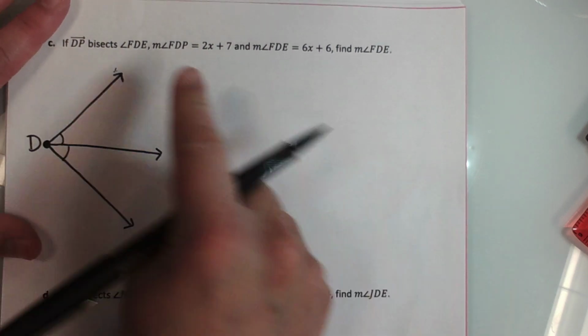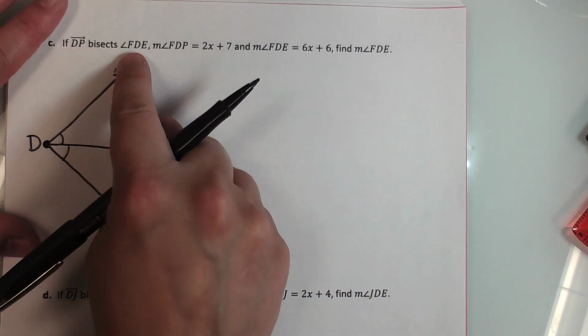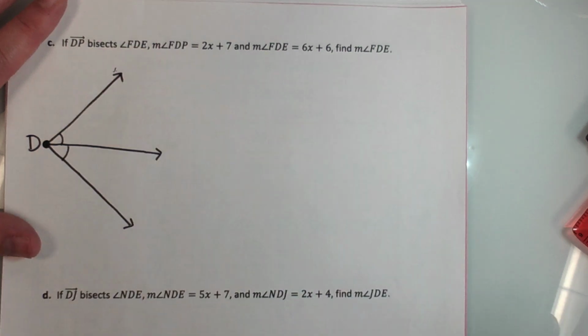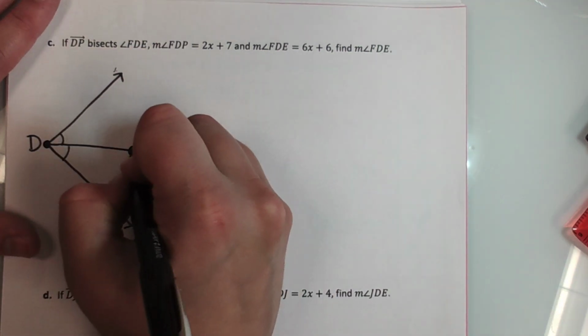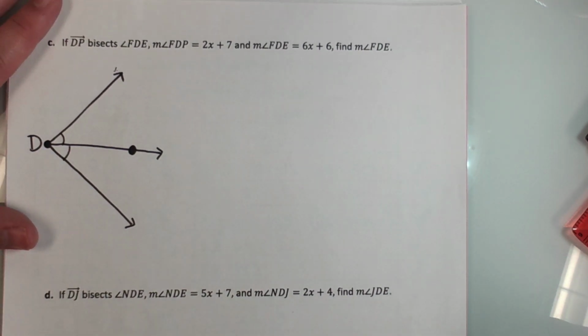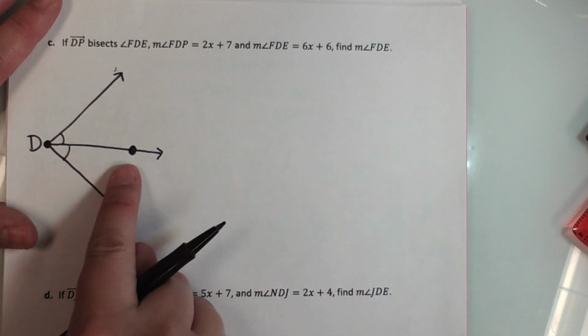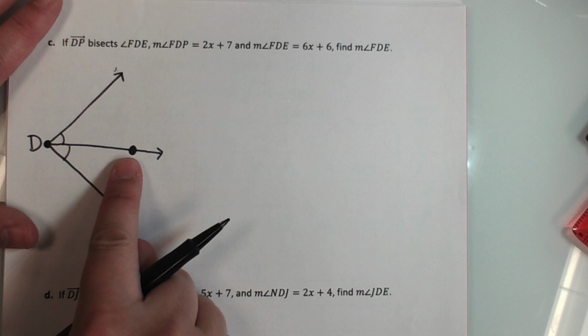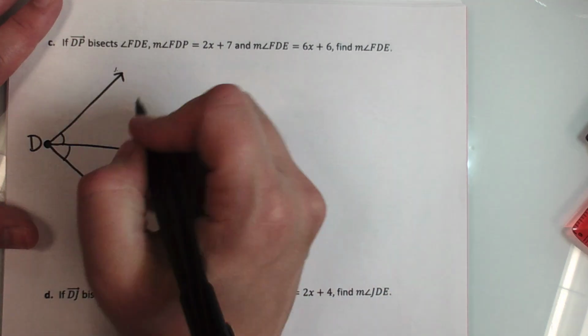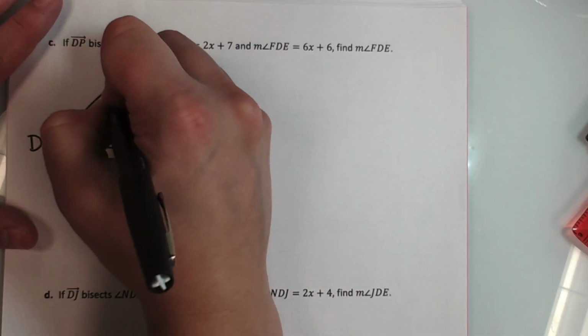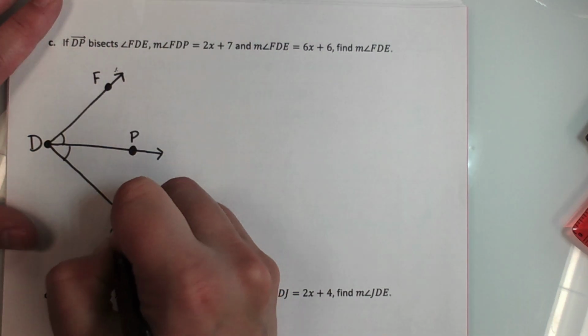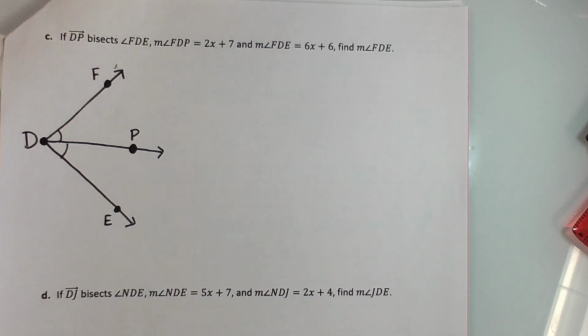D has to go here. It's the start of the bisector. It's also the middle letter in the angle name. Going right here, what letter goes here? P. The other ones are F and E. I always draw my picture first. It gives me structure of where to put things.